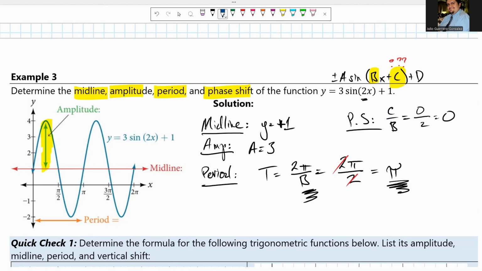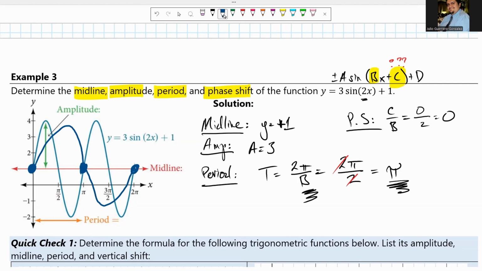And then the last bit, the period. It's supposed to be pi. That one squiggle that I drew, the original sine graph, will go up, hit this one, and then come back down and go back up. This one's vanilla sine.